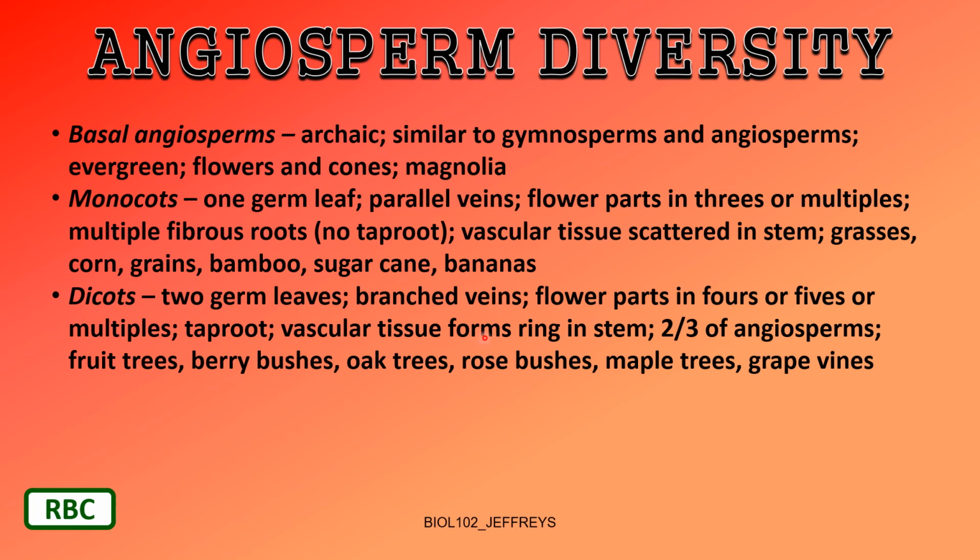Vascular tissue forms a nice geometric ring in the stems of dicots. 2/3 of your angiosperms are dicots, so just about everything that you see out there is going to be dicot. All of your fruit trees, berry bushes, oak trees, rose bushes, maple trees, grapevines, all of those things are dicots.